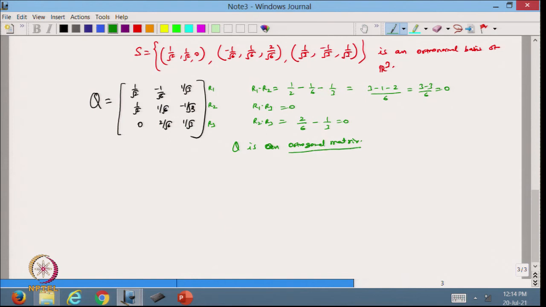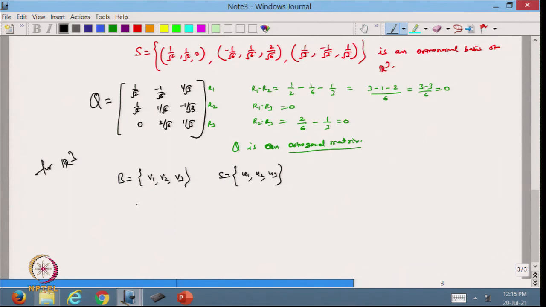Now, we have the basis. So, for R3 we have two bases: B, that is V1, V2, V3, and another basis S, that is U1, U2, U3. Now, I know that this is the orthogonal basis.